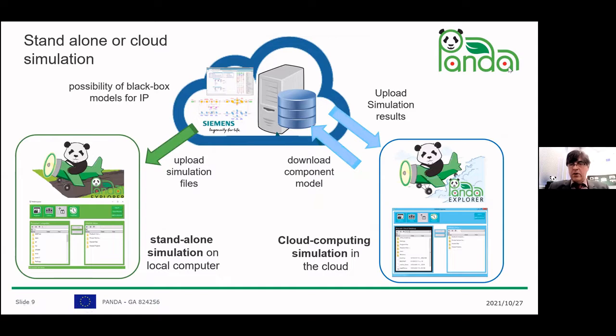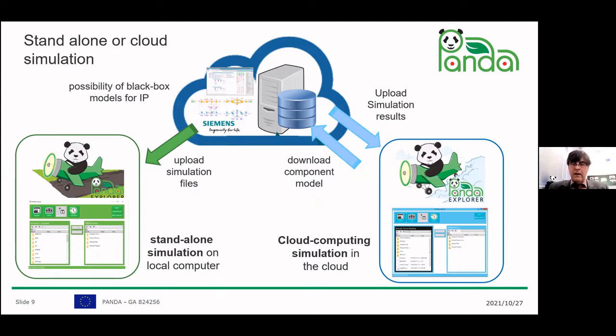We can do the simulation in 2 different ways. The first way is called standalone simulation. That means that you upload the models from the cloud to your own computer and you do the simulation in your own computer. The second possibility is called cloud computing simulation.